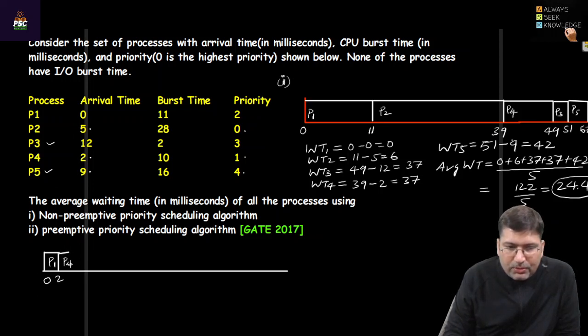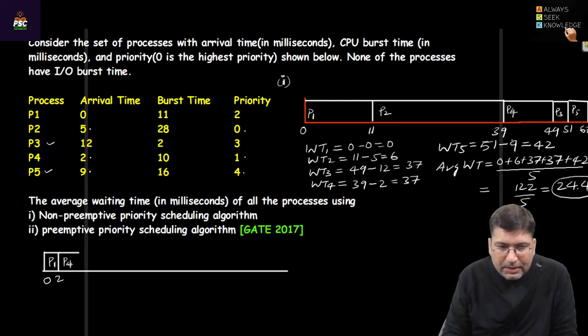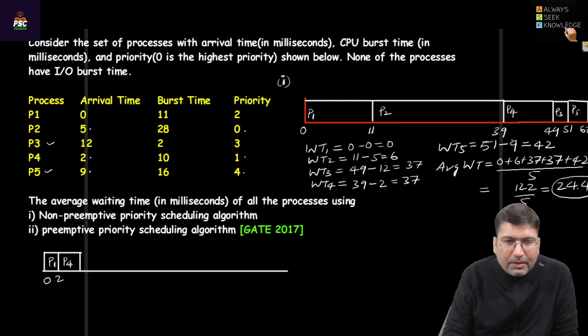P2 has priority 0, which means it has high priority. So P2 will take the CPU control and start executing.